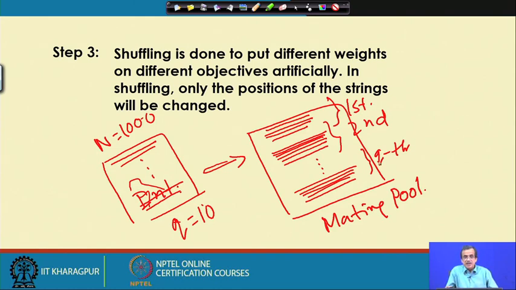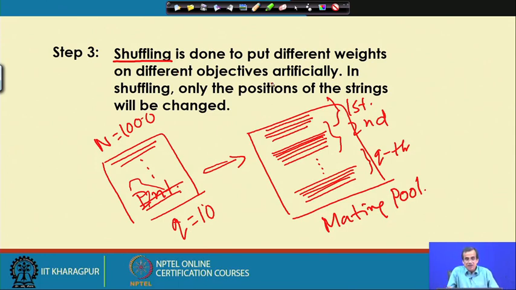So, this is the way we form the mating pool using proportionate selection, and once we have this mating pool, we go for shuffling. Shuffling is done just to put different weights on the different objectives artificially.